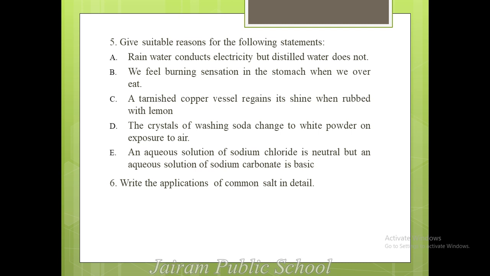This chlorine gas is used for the manufacture of bleaching powder. Bleaching powder is produced by the action of chlorine on dry slaked lime, that is calcium hydroxide. Calcium hydroxide plus chlorine gives calcium oxychloride plus water.